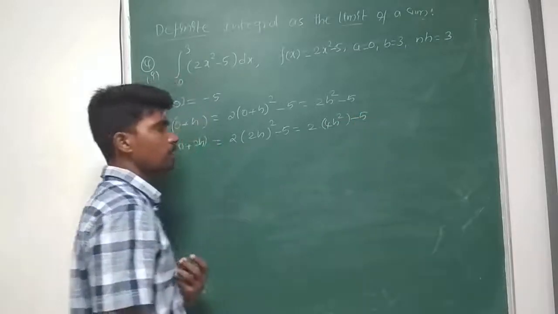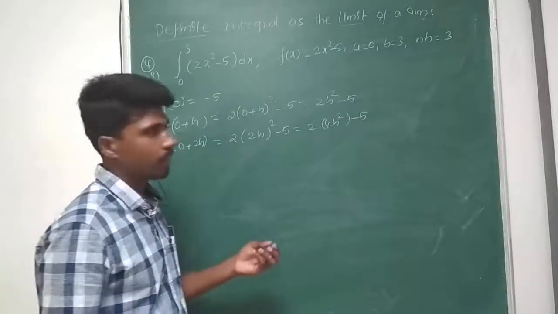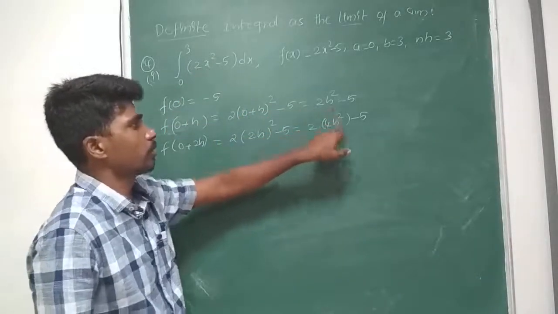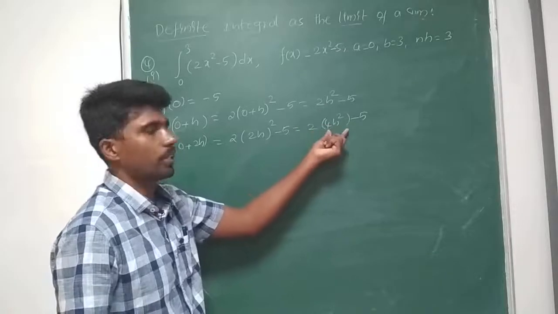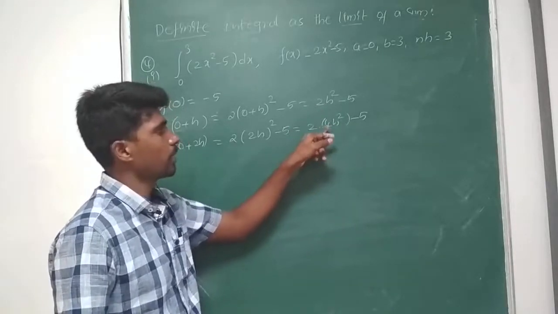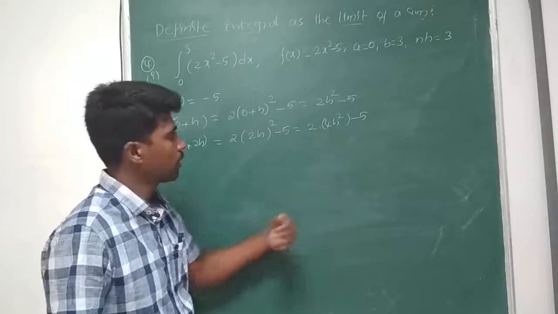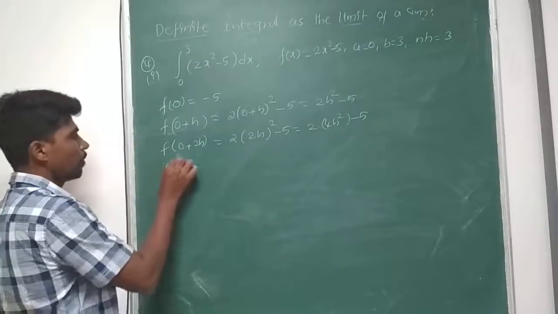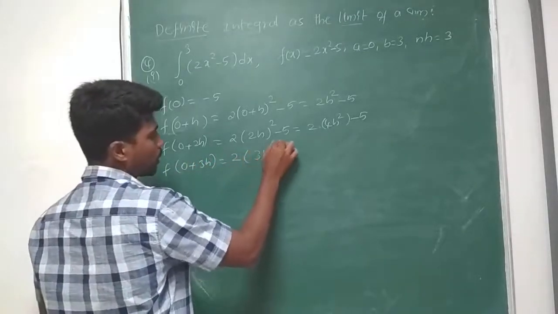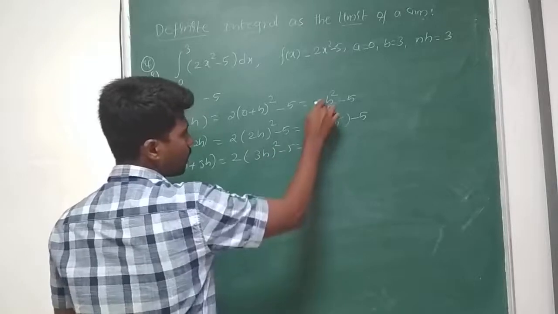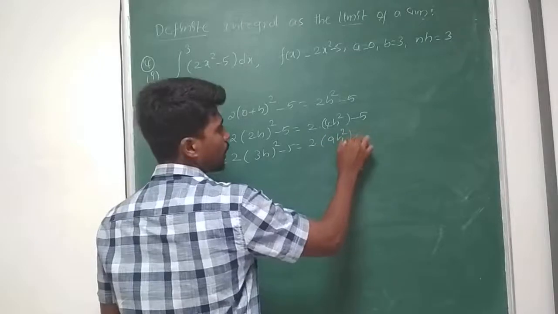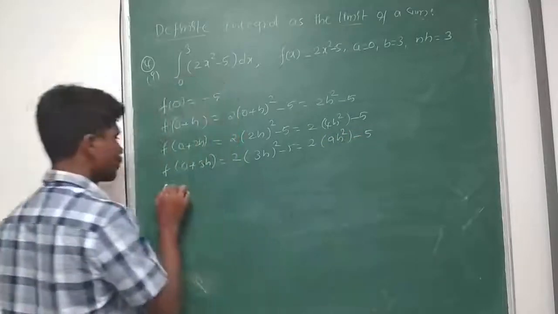There is a reason why I wrote 4h square here. In every term I get 2 into something into h square, so I want to take this 2 common. That's the reason why I am not multiplying this. Next, f of 0 plus 3h, so I get 2 into 3h the whole square minus 5, and 3 into h square can be written as 9h square minus 5, and so on.